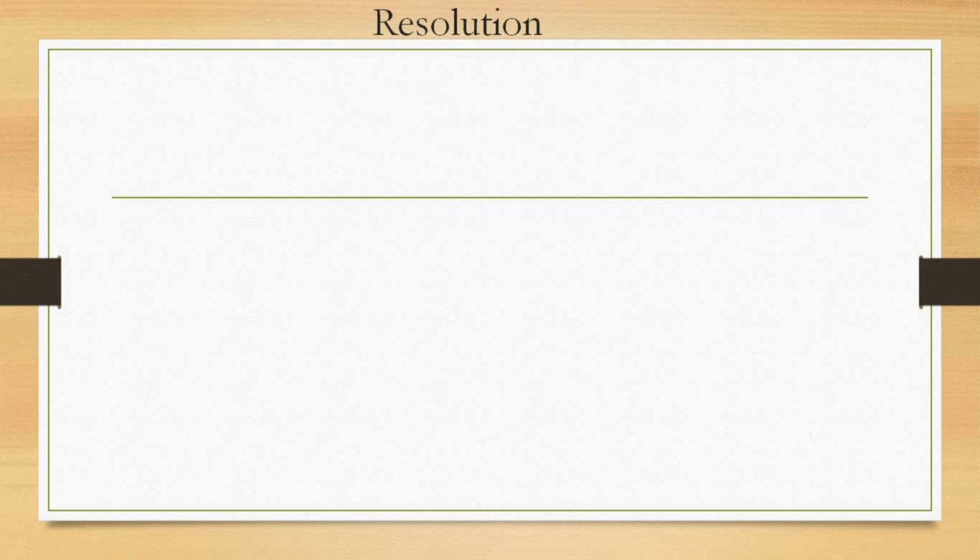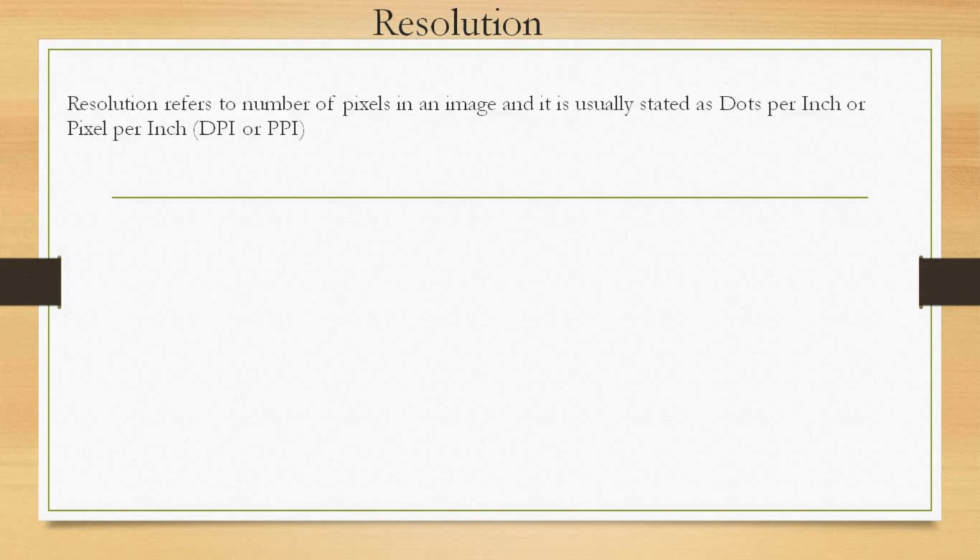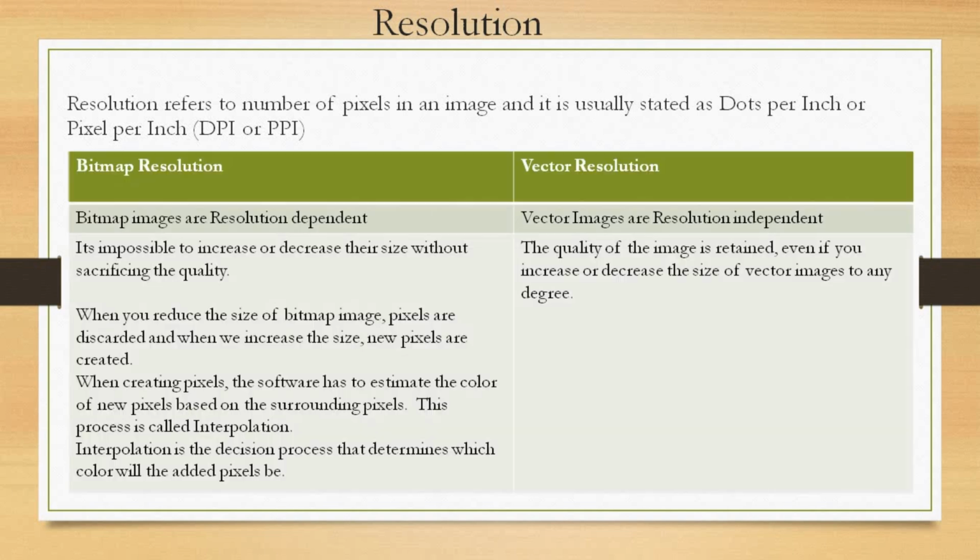Next, let us see the term resolution. Resolution is the number of pixels in an image, and it is usually measured in dots per inch or pixels per inch. Let's see the difference between bitmap resolution and vector resolution. Bitmap images are resolution dependent and vector images are resolution independent.